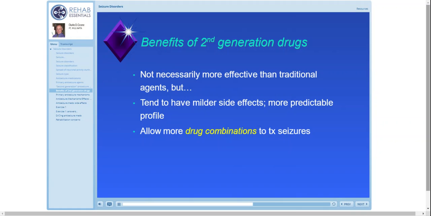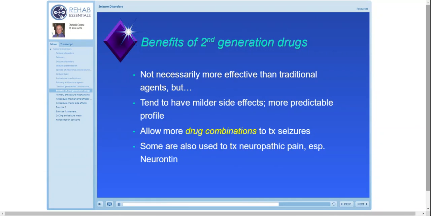The other benefit and the other reason we see these drugs a lot in rehabilitation is it was discovered they also may have benefits in neuropathic pain. Neurontin is certainly the most famous for this, but Lyrica, Keppra, Topamax, and pretty much all the other ones that are in this category, it was discovered accidentally that they may be helpful in chronic pain, things like diabetic neuropathy, fibromyalgia.